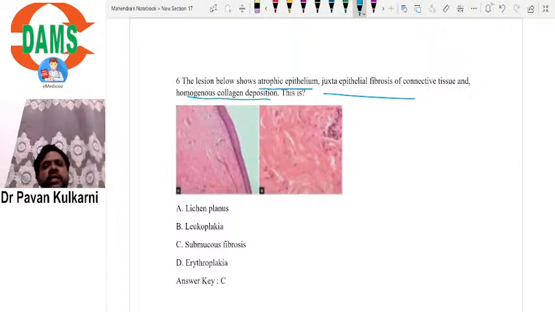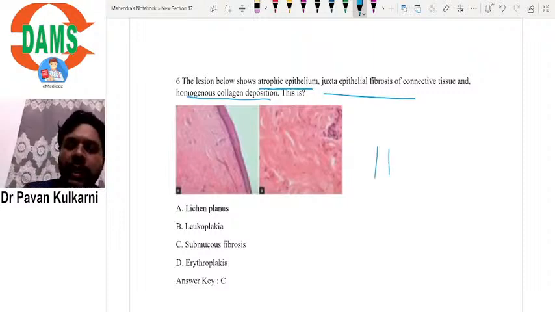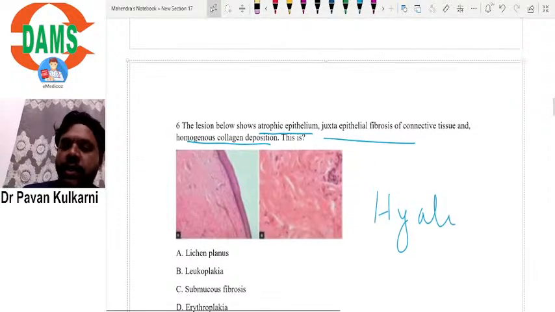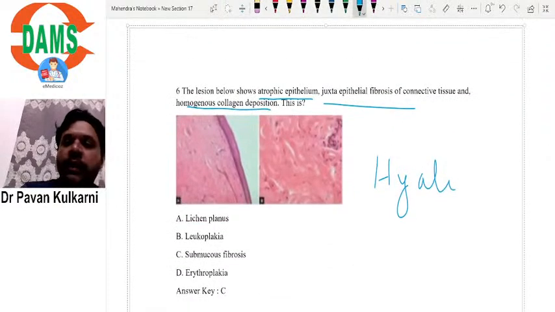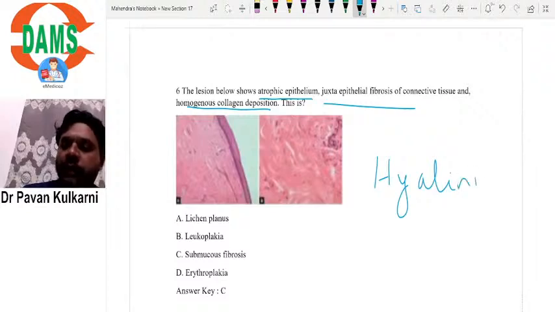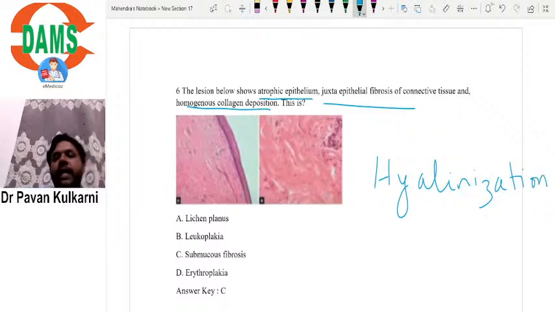What do you mean by homogeneous collagen deposition? That is another term called hyalinization. Hyalinization is a term that is used for the homogeneous collagen deposition.